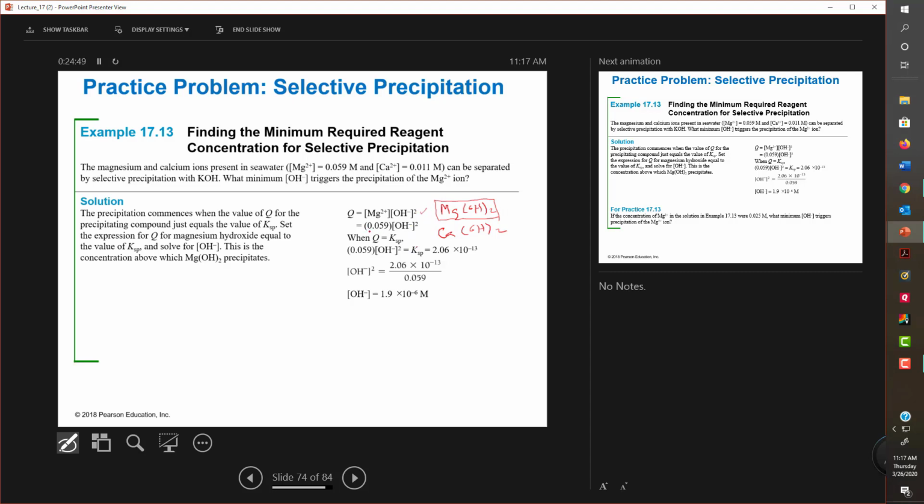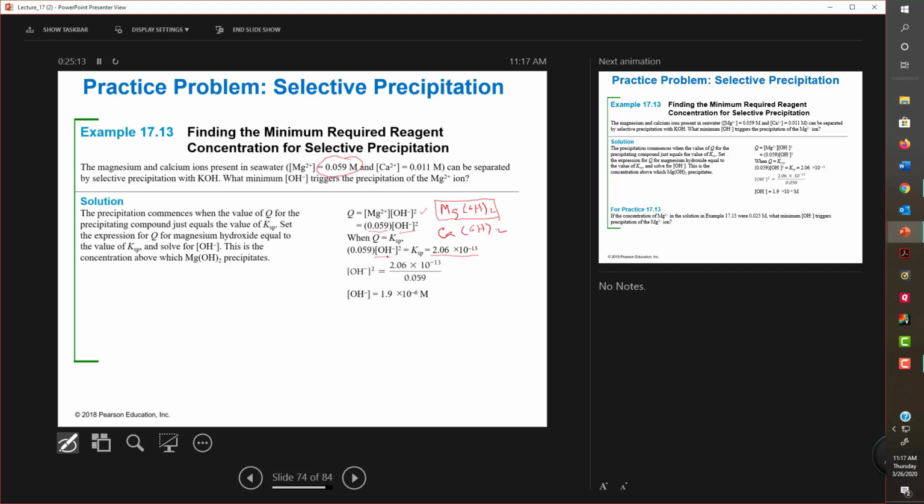I plug in the initial concentration of the magnesium ion. Where did I get that? Right here it is. And then the hydroxide ion concentration is what I've got to solve for. When Q equals KSP, the KSP for magnesium hydroxide is this. I don't know what the minimum hydroxide concentration for saturation is.